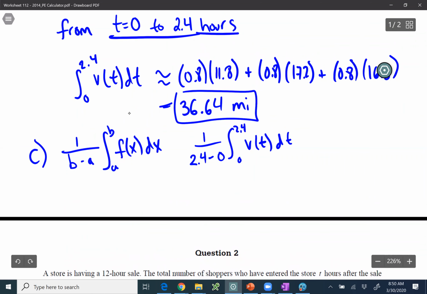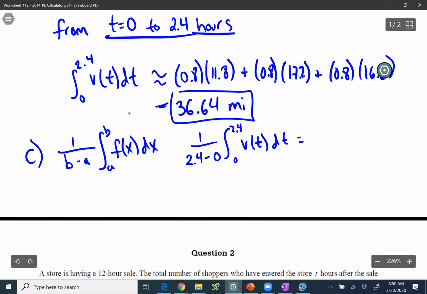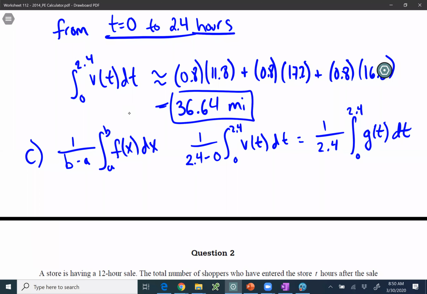You can change this to g of t and write g of t because now you're showing them that, yes, I know what the model is. Or you could write out the whole integral, like 24t plus 5 sine of t, you could write out the whole equation. But either way, we need to make sure we're doing that.